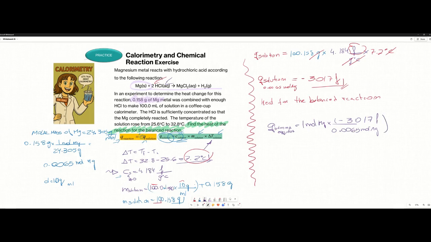So it will be 3017 divided by 0.0065, which will give me this heat for the balanced equation, negative.